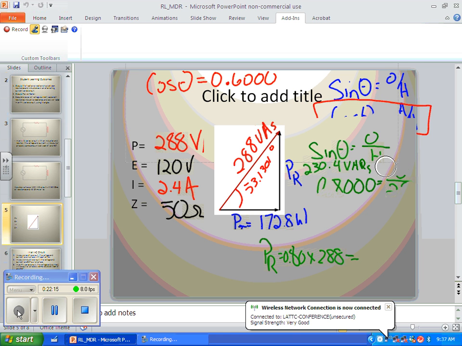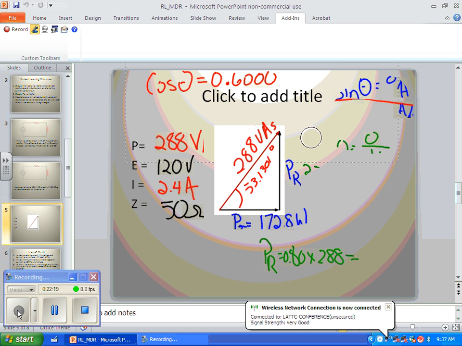Let's get rid of some of this stuff. We don't need that anymore, or any of this. Okay, what was it? 230.4 VARs.